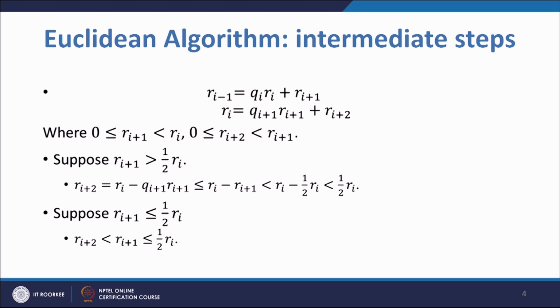So, what we see here is that Ri minus 1 is equal to Qi Ri plus 1, of course, and then you have a cyclic shift.